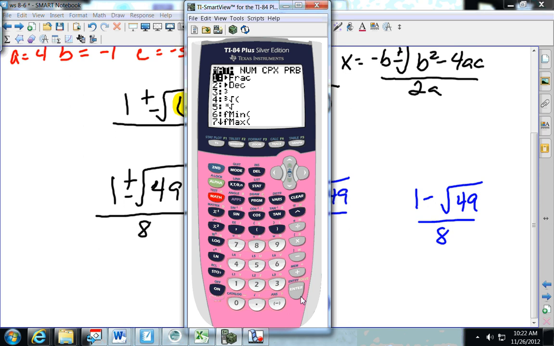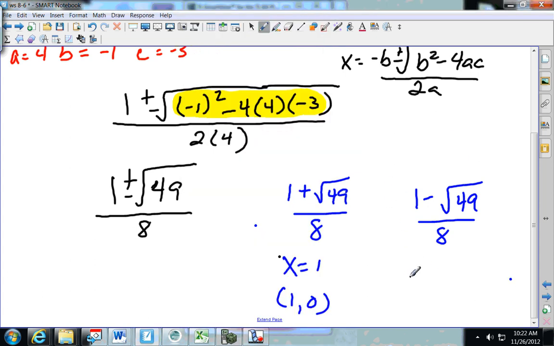Math, enter, enter, and it'll change it to a fraction for me. It doesn't matter which one you use, but the reason I say that is because the EOC could have it in fraction or decimal. X equals negative 0.75. It could be negative 0.75 or negative 3/4. Either way.